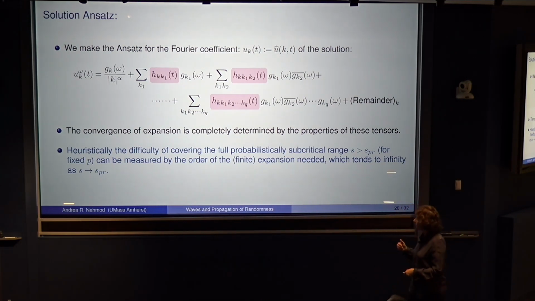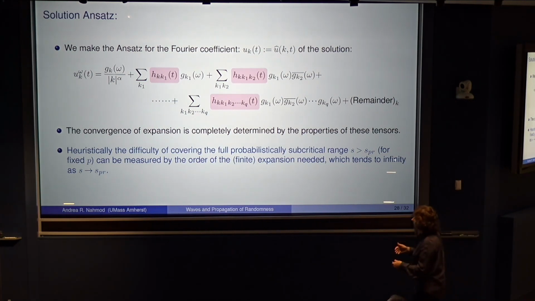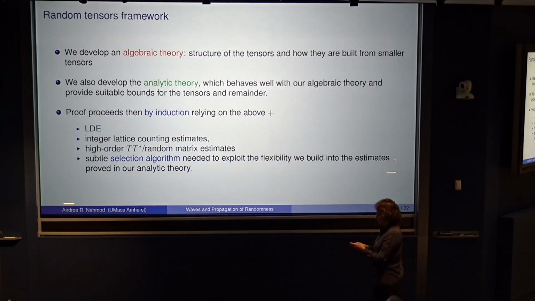We give this description in which, if we start with data which is random, I can tell you exactly how this data propagates and how it looks. It looks like the linear evolution of a Gaussian, a color Gaussian. All these tensors are almost diagonal in the sense that they localize very much.